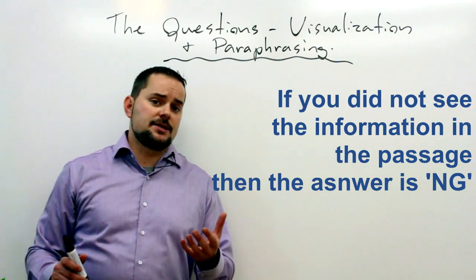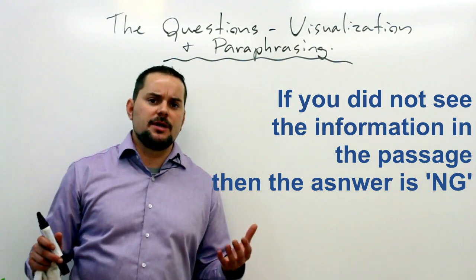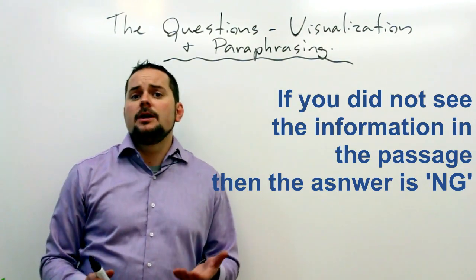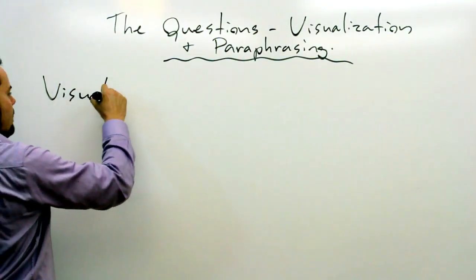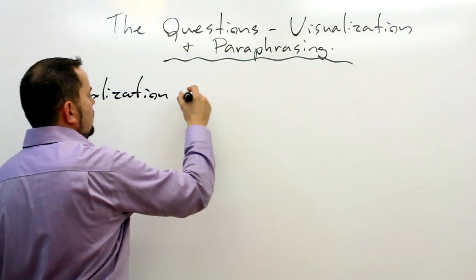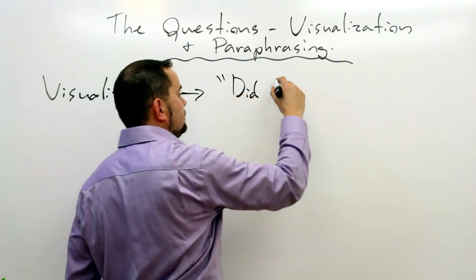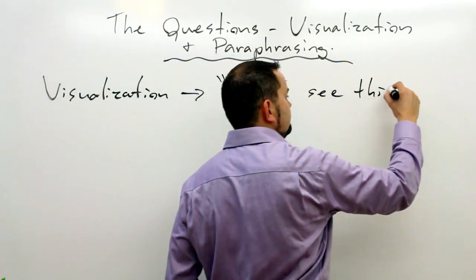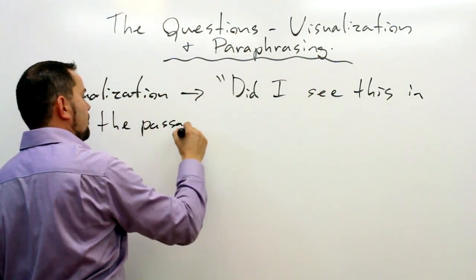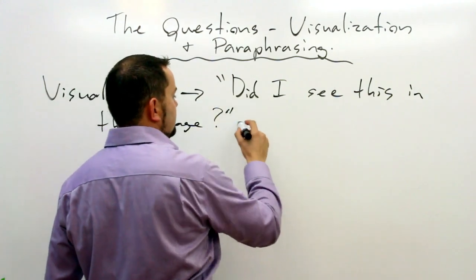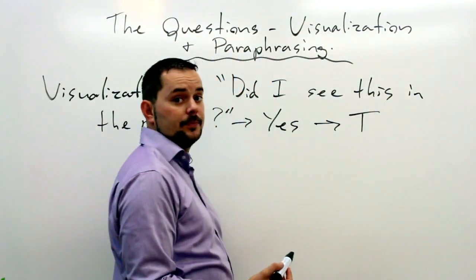If you visualize when you read the question and you think, I didn't see anything like that when I was reading the passage in my mind, then it's going to be not given. So for visualization, you should think about it like, did I see this in the passage? If your answer is yes, then it's probably going to be true, okay?